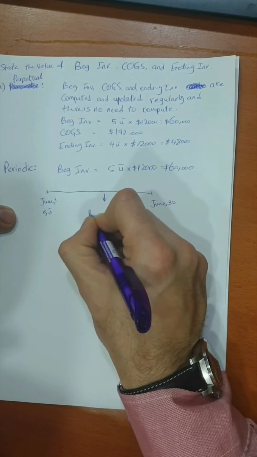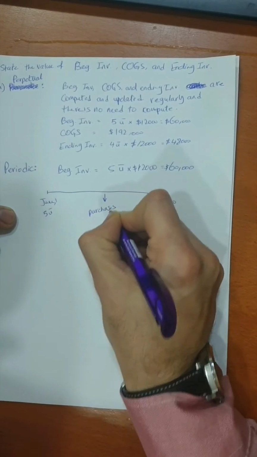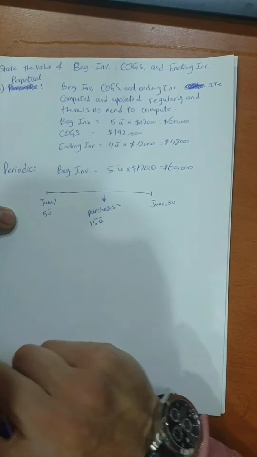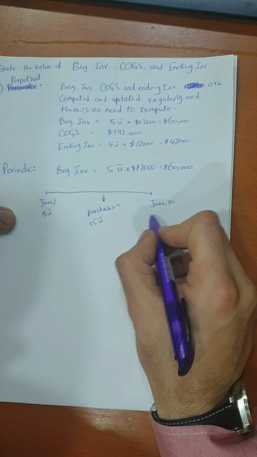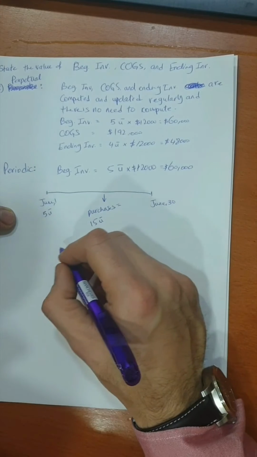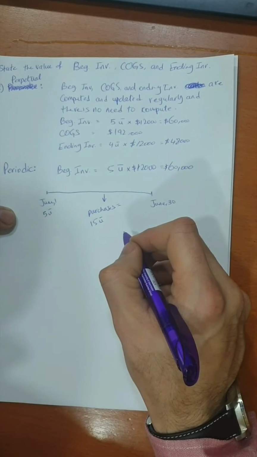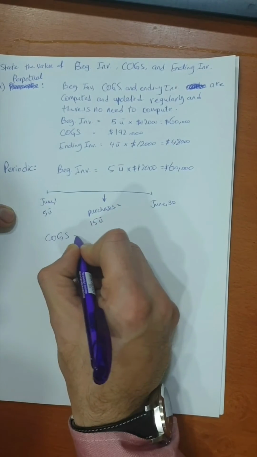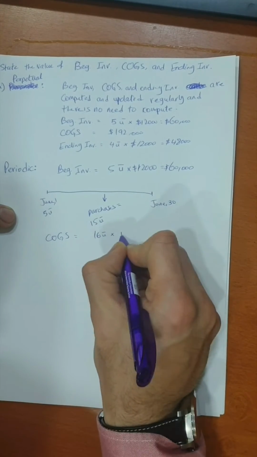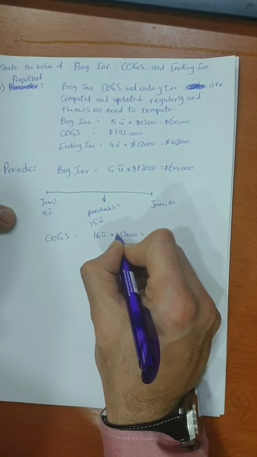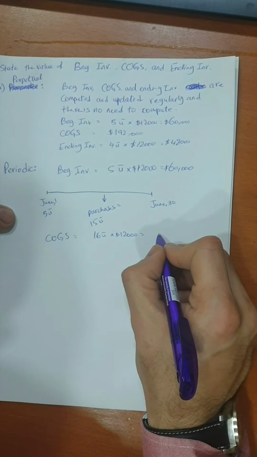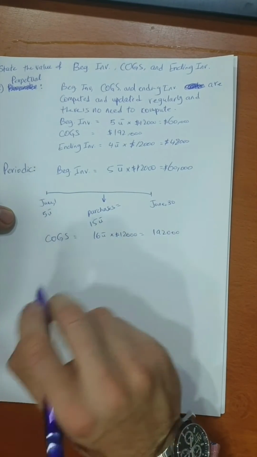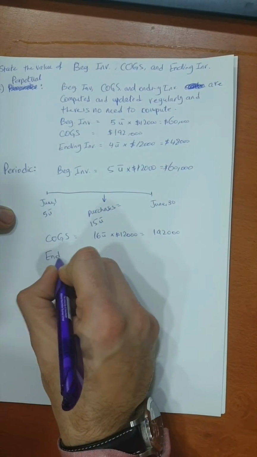During June, the purchases were equal to 15 units, and the question told you that you sold 16 units, right? So the cost of goods sold is equal to 16 units multiplied by $12,000, which is equal to 192,000.